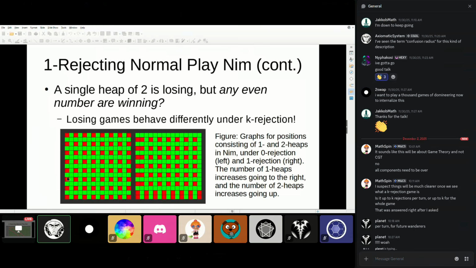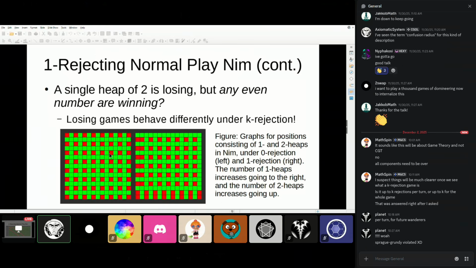And so I made this diagram. The X axis is how many 1 heaps you have in a position. The Y axis is how many 2 heaps you have. And we're assuming that there are no other heaps in the position. So we're just looking at the slice of the game space consisting of 1 heaps and 2 heaps.